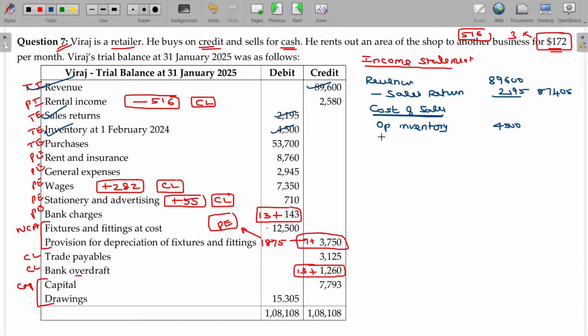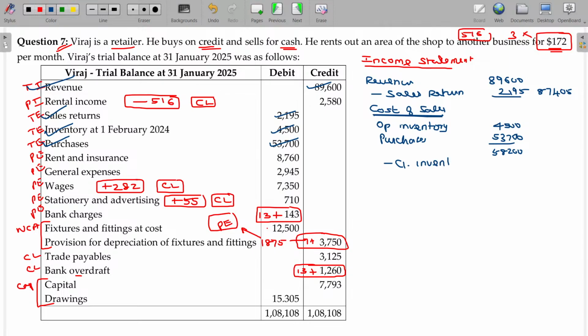Then purchases should be added with this. Purchases, this one 53,700. Overall value being 58,200. Subtract the closing inventory.